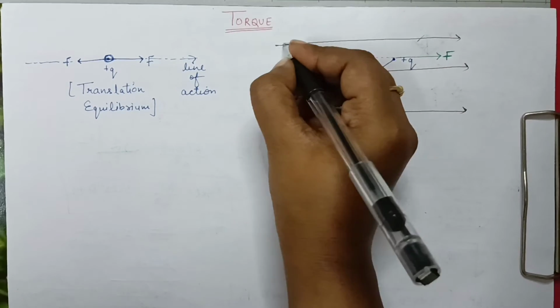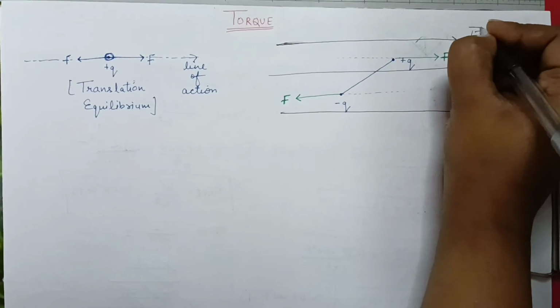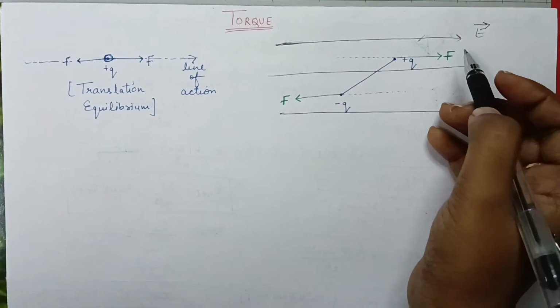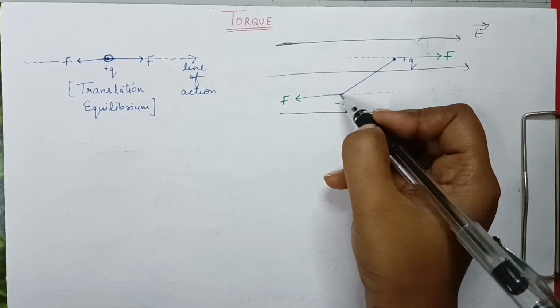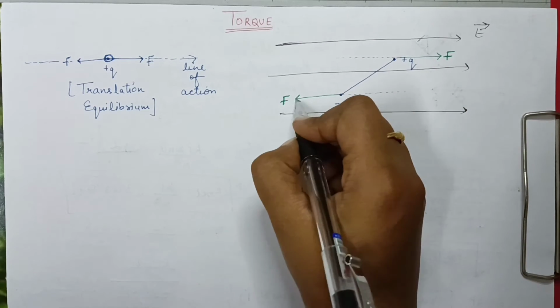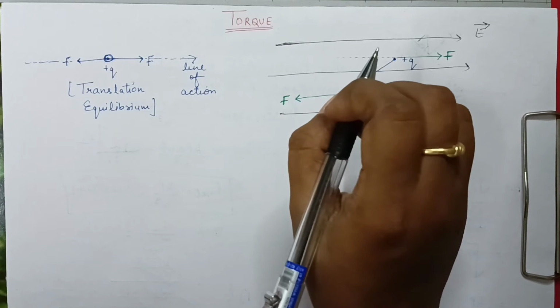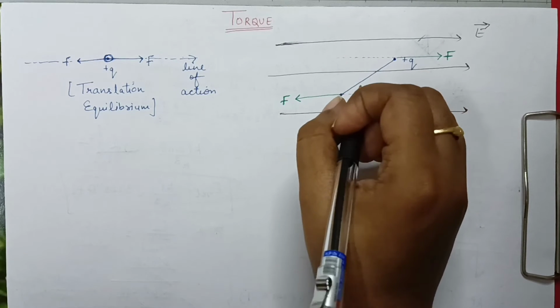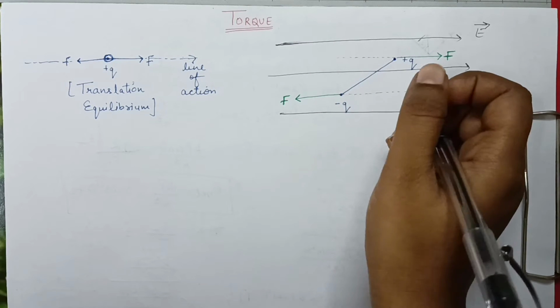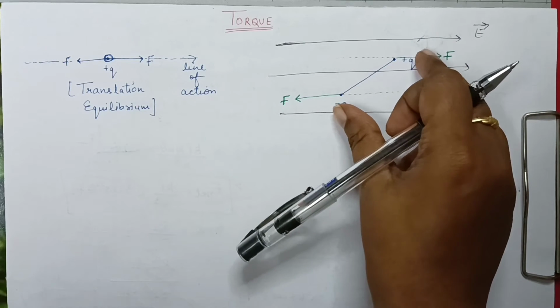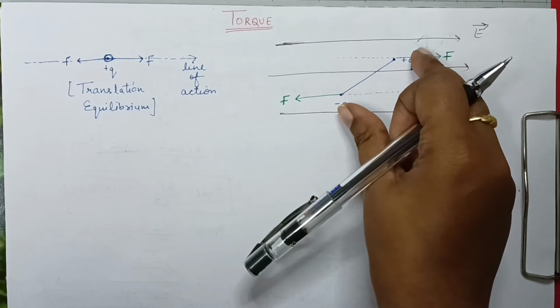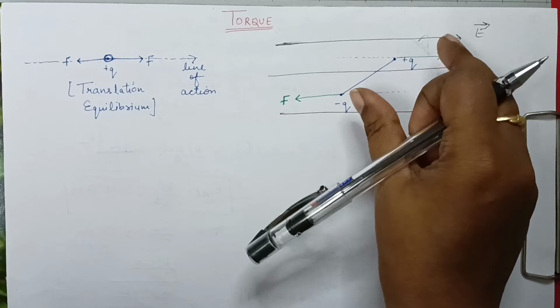Suppose these forces are due to this electric field E. So the force on the plus q charge will be in the direction of the field and on the minus q charge will be opposite to the direction of the field. Now we already know the direction of forces on plus q and minus q charges respectively. These two forces are equal in magnitude and opposite in direction.